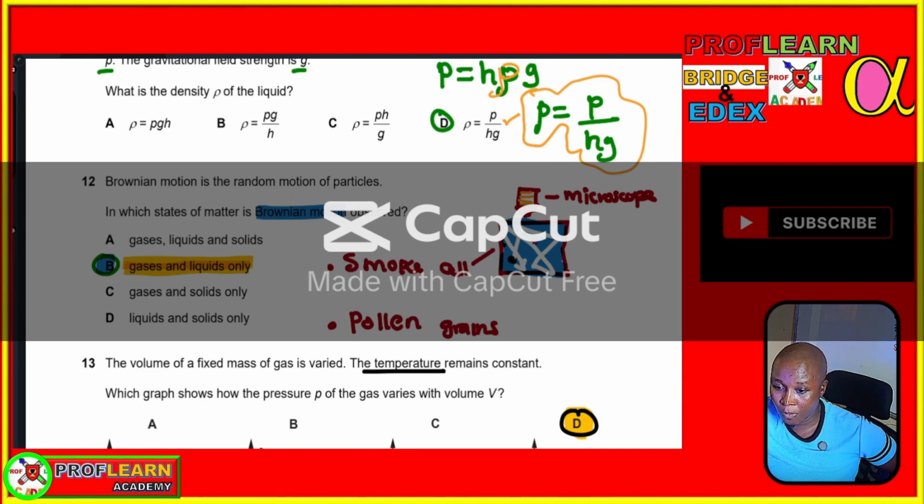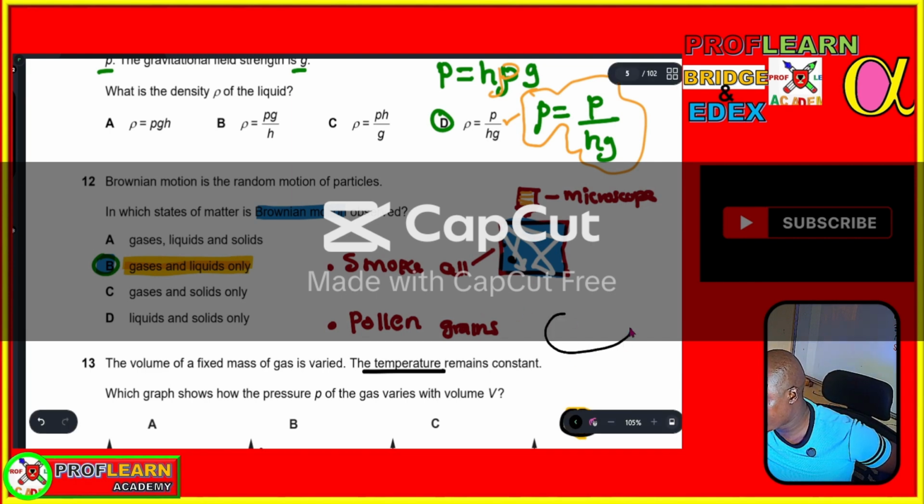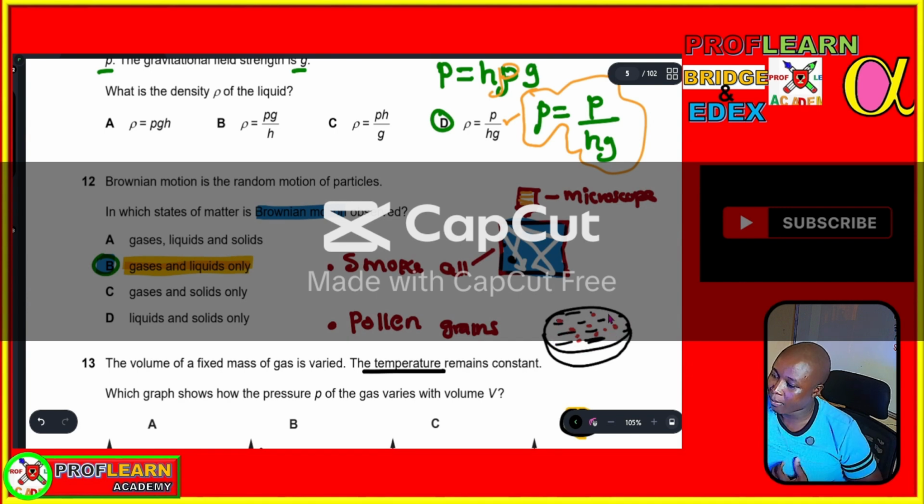This is observed in gases and liquids only. To observe it in liquids, maybe you have a bowl containing some water, and you pour some pollen grains on the surface of the water.